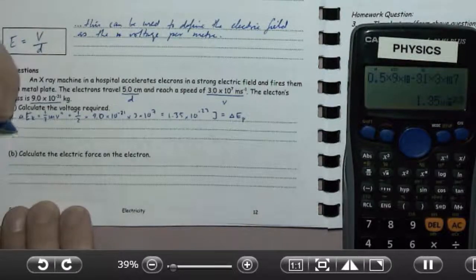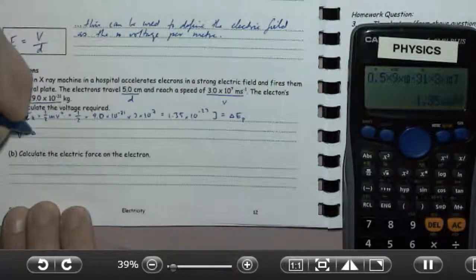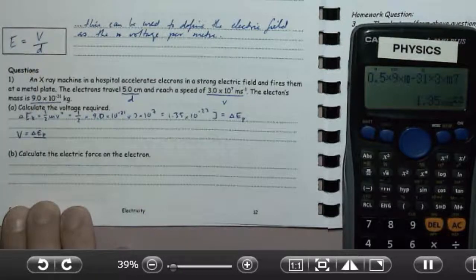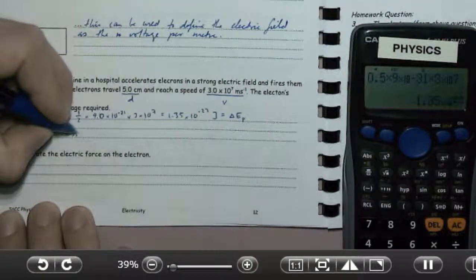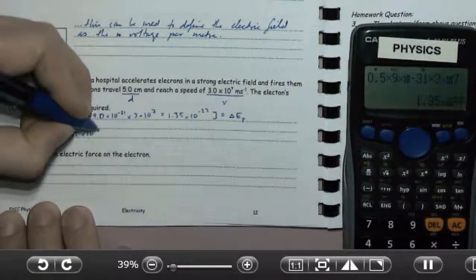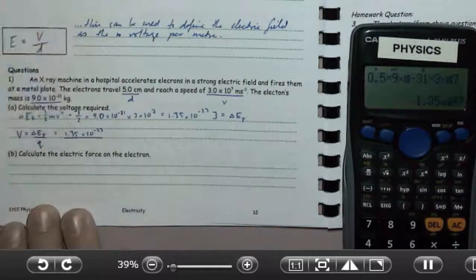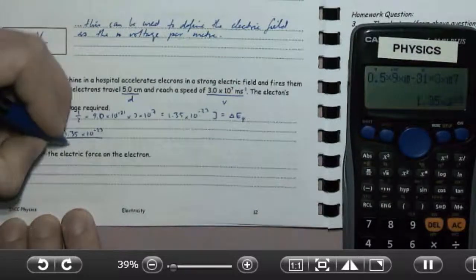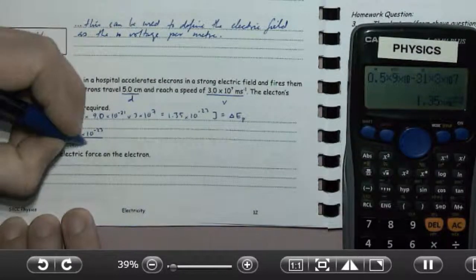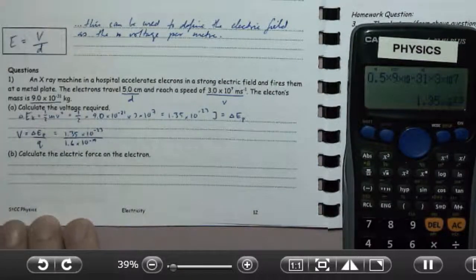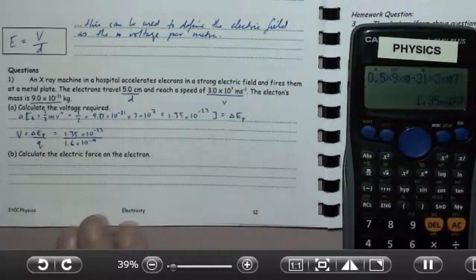So we know that V is equal to delta EP over Q, and in this case that is equal to 1.35 times 10 to the negative 23 divided by the charge on the electron, which we were given on the previous page. It's 1.6 times 10 to the negative 19. If ever you needed that in an exam, by the way, that information will be provided.